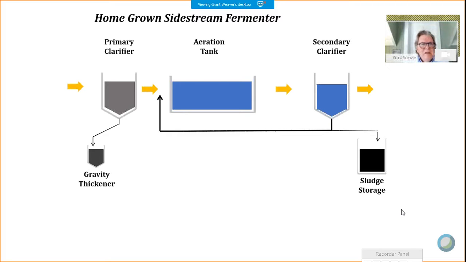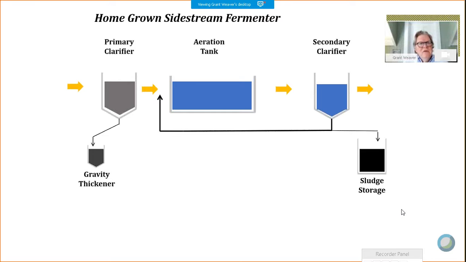The most common, easiest way to try to make this machine into a phosphorus removing machine is to create a side stream fermenter. And the place to look is over there at that sludge storage tank, because that's got waste activated sludge.